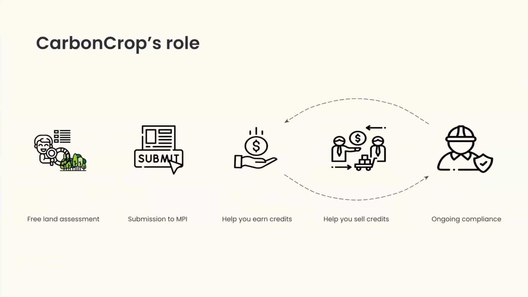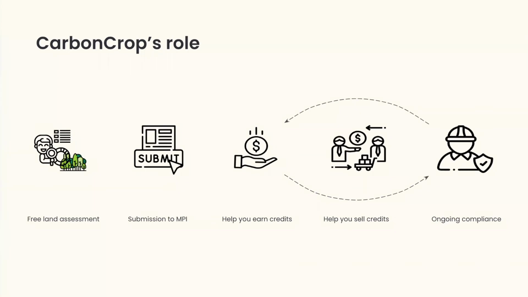And then CarbonCrop's role, what role do we play? It starts with a free land assessment all the way on the left-hand side. We would analyze your forest and understand, okay, what is your forest eligibility? That doesn't cost anything, it's a free assessment.